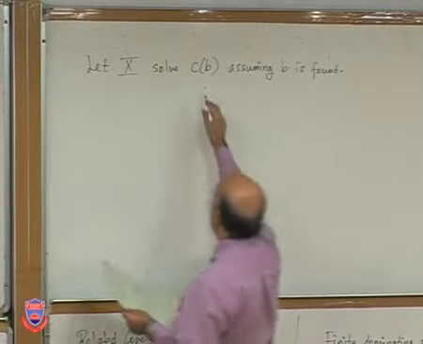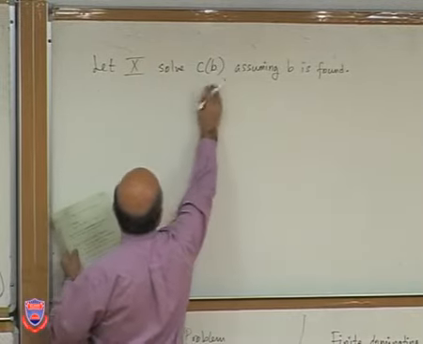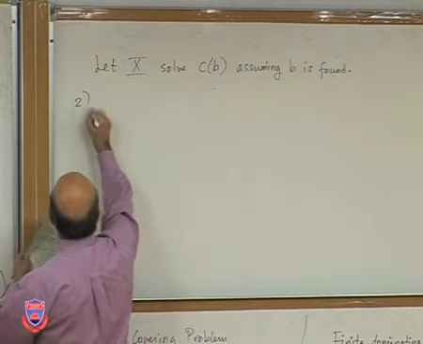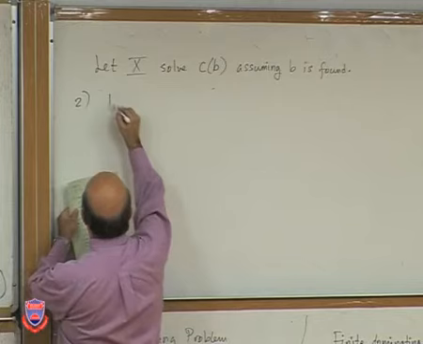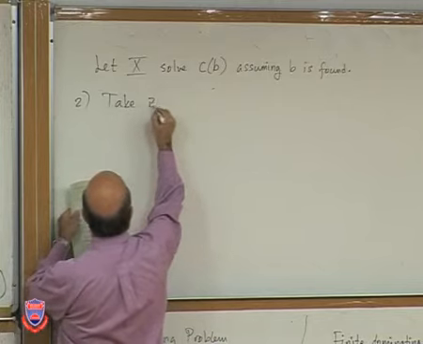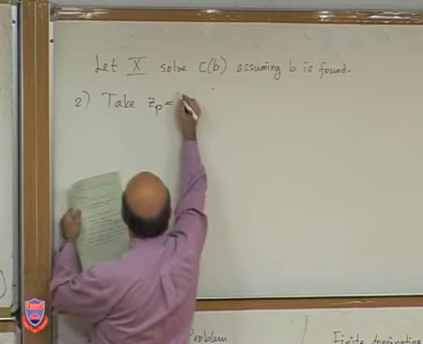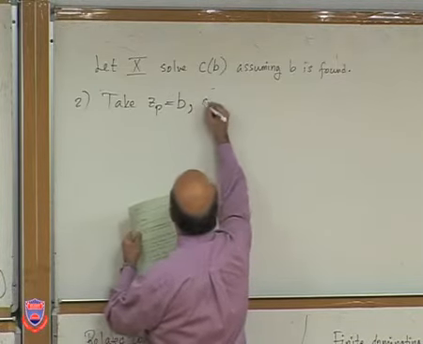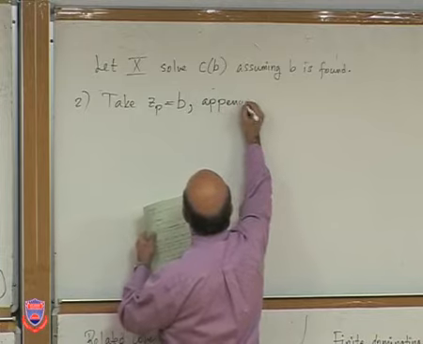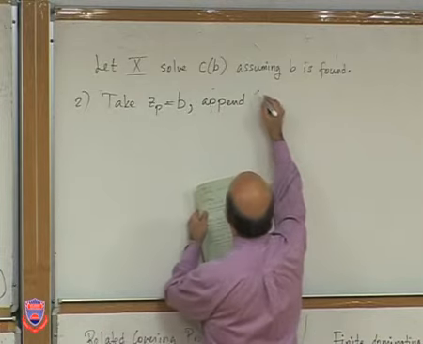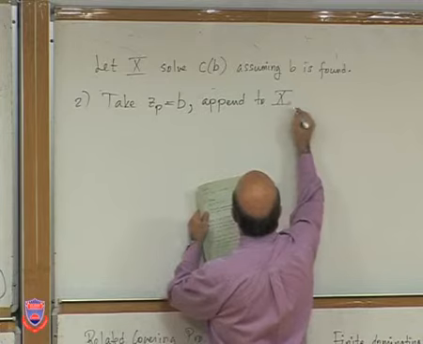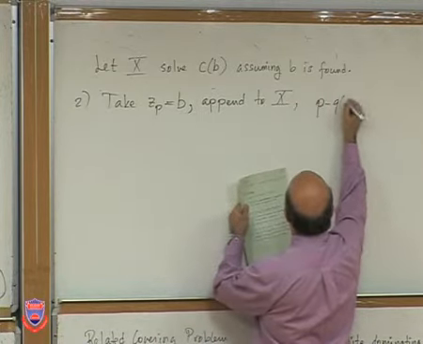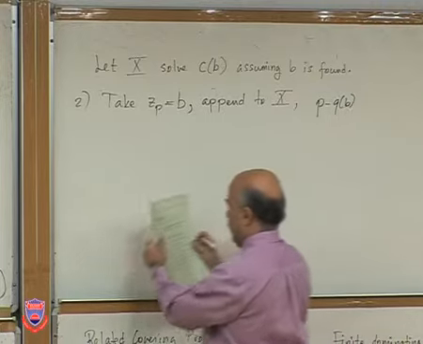So if X is the solution for that particular covering problem, then we continue to step 2. We take the P radius to be the B value itself, and we append to X, if necessary, P minus Q of B arbitrary centers.